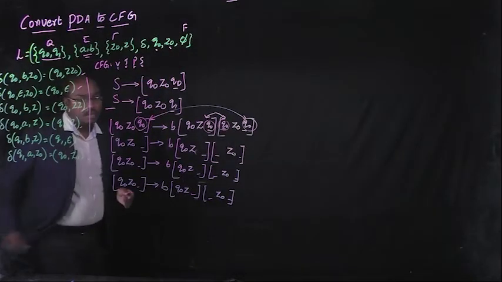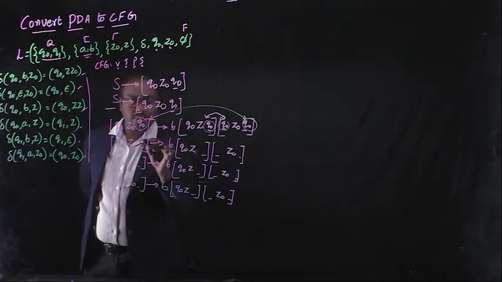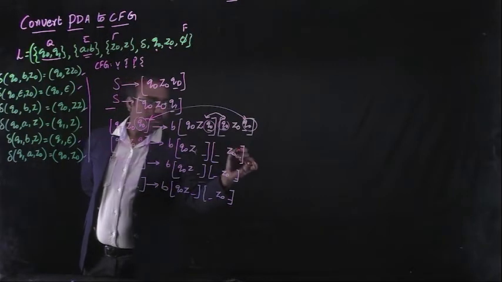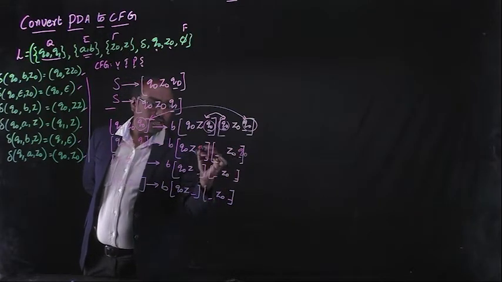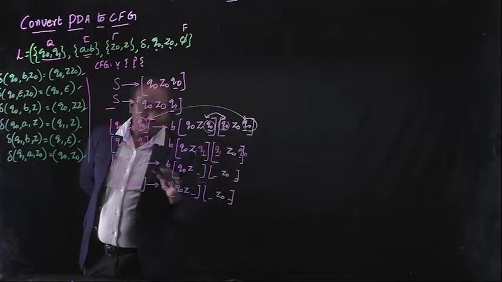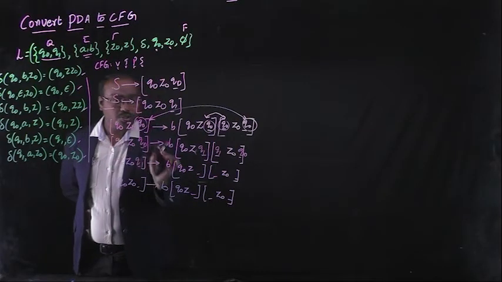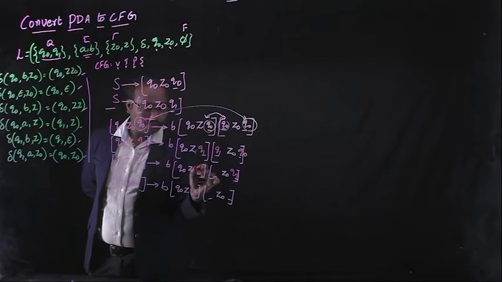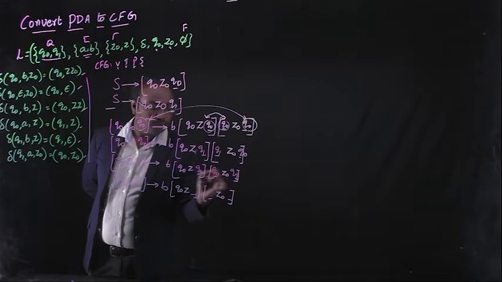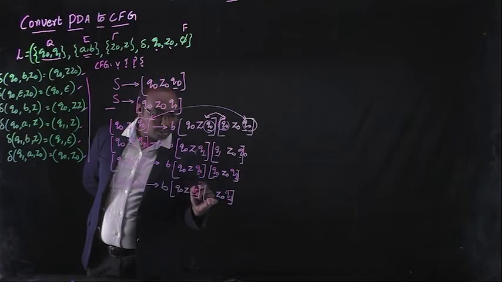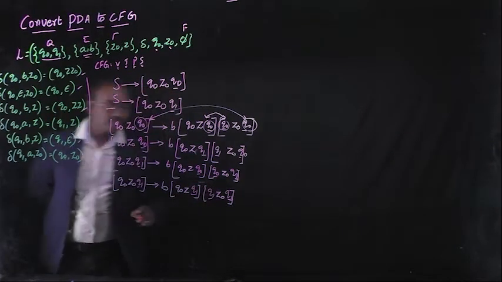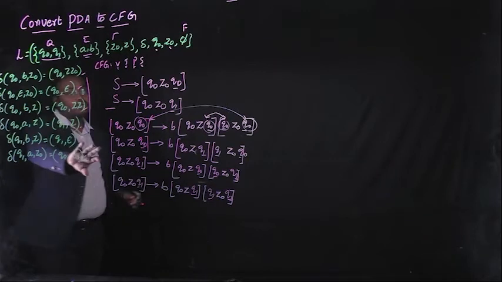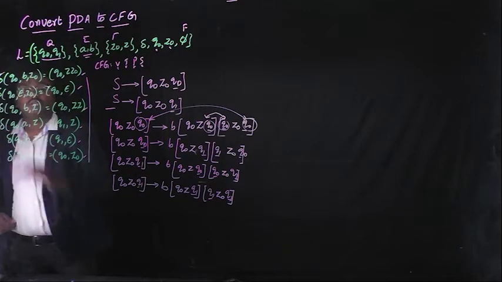Okay, Q naught. Like this I have to fill the remaining places. Q naught, here I am taking Q1, here also. So Q1 production, two productions over, then I have to take Q1 and with the Q naught, Q1, and here also I am filling Q1. Okay, so these are the production rules for the first transition function.